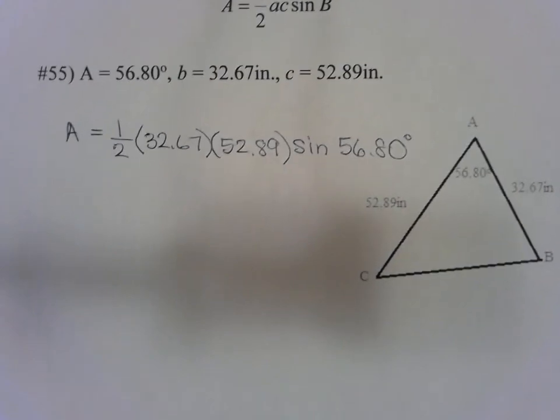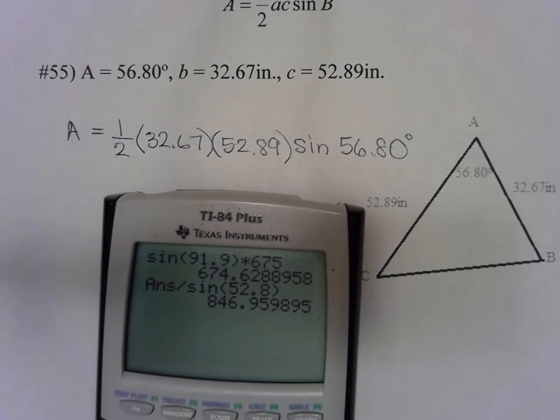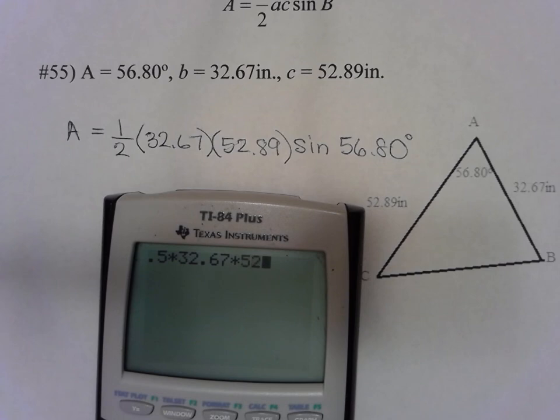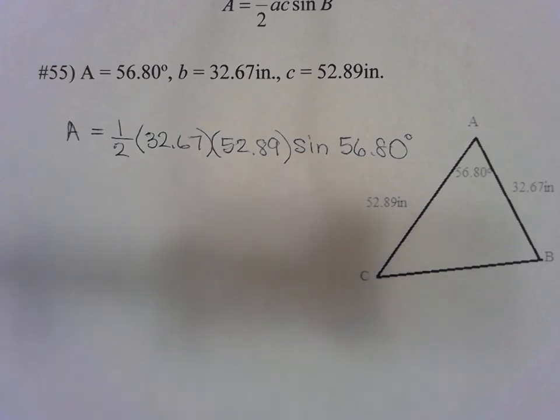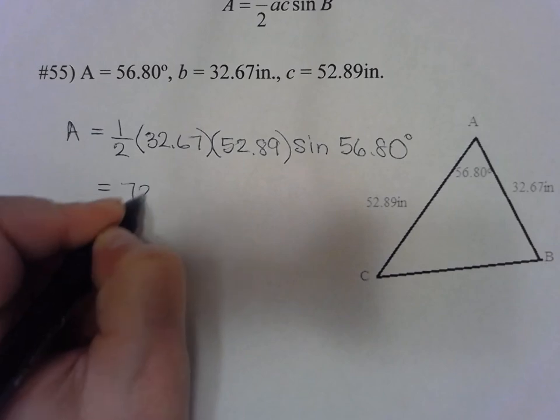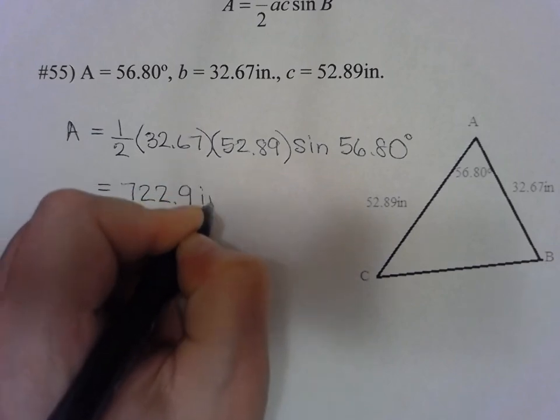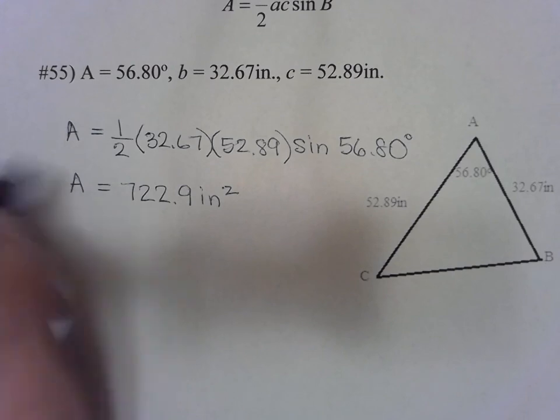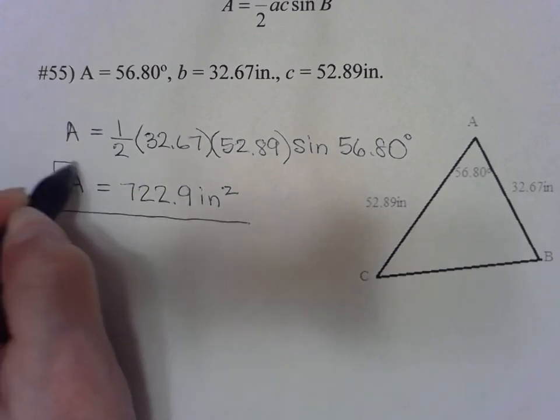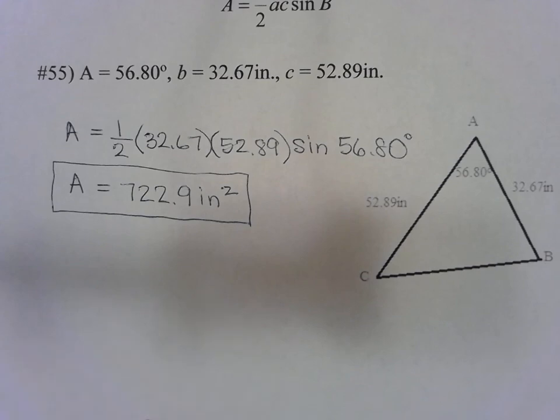So we're plugging all that information into that formula, and let's put that into our calculator. I'm going to do 0.5 for 1/2. That's going to give us 722.9, and we're doing 4 significant digits, so we're going to round it to that. And this is an area, which is a square, or 2-dimensional. So we'll have inches squared as our units.